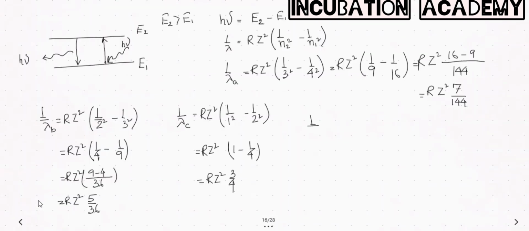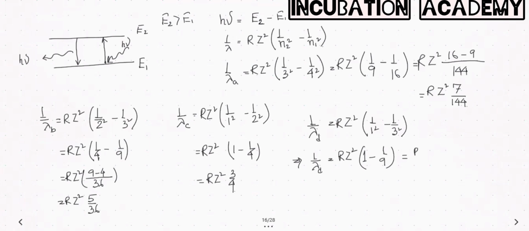So 1 by lambda D equals R Z square, 1 by 1 square minus 1 by 3 square, that is 1 minus 1 by 9. So obviously R Z square, 8 by 9.